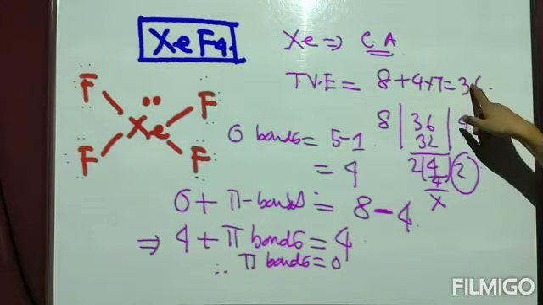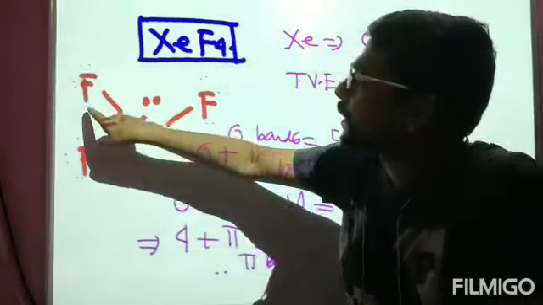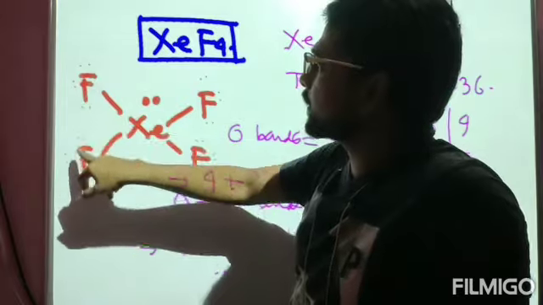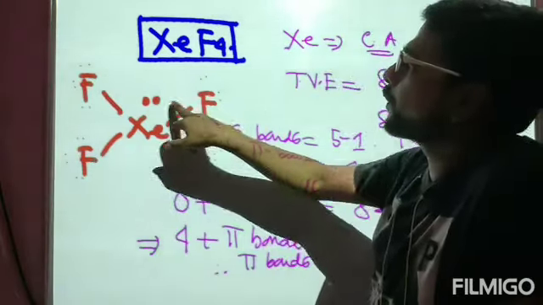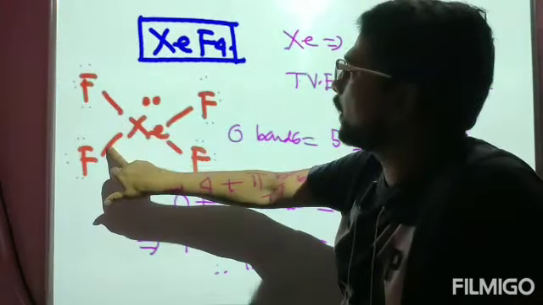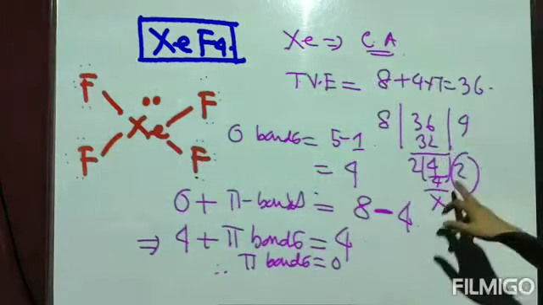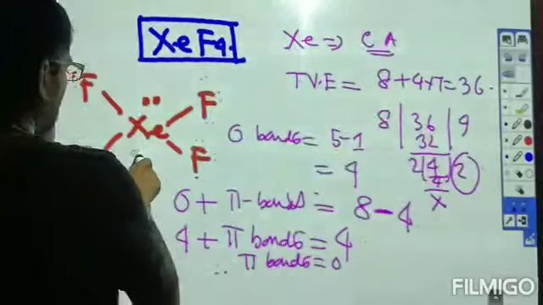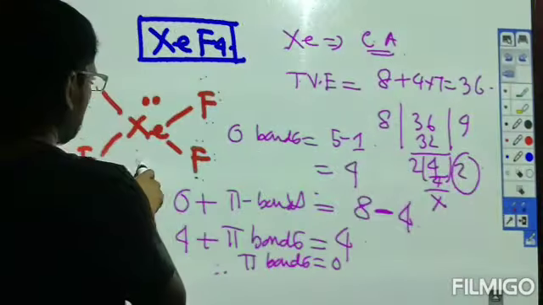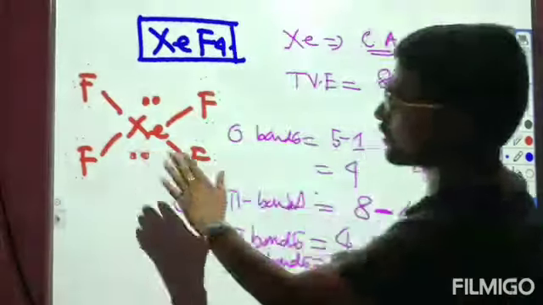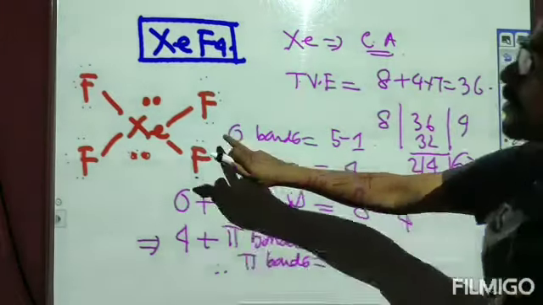So you can count the total electron. See, 2, 4, 6, 24, 26, 28, 30. Now 2 lone pair of electron. That's all. This is the structure.